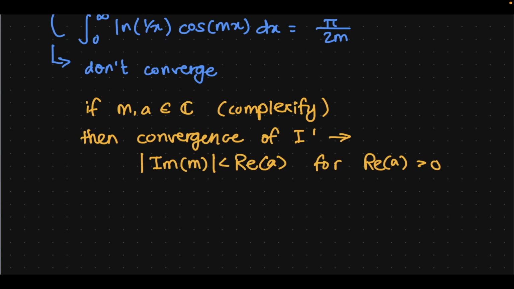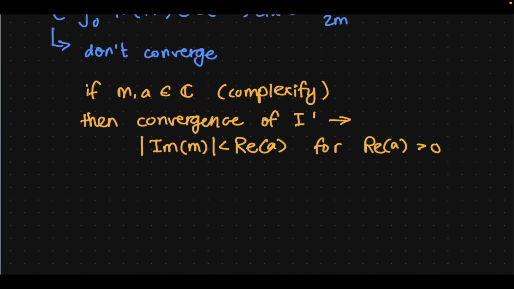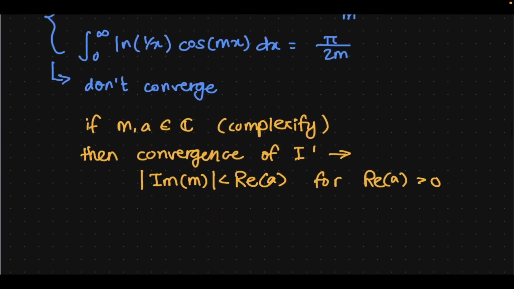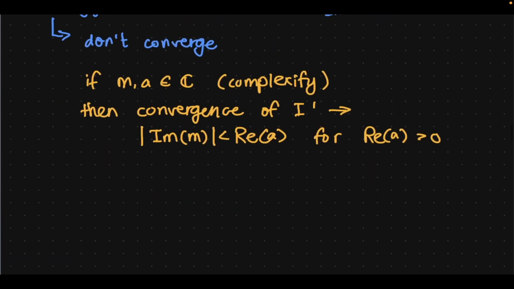We need a negative exponential. That's the key here. Now this is what happens if we complexify it. And then if we take a going to 0, the absolute value of the imaginary part is less than 0, so it violates the region of convergence.